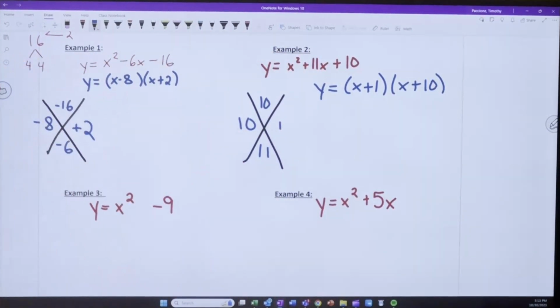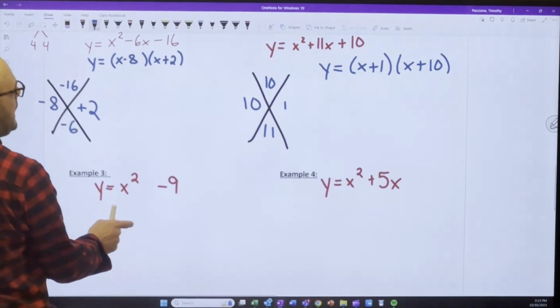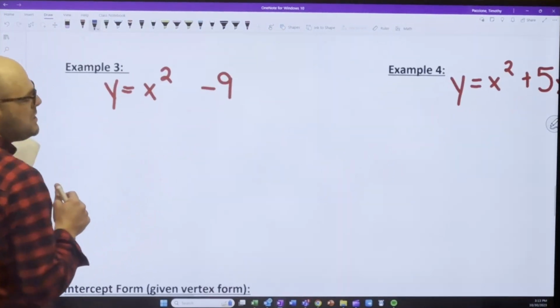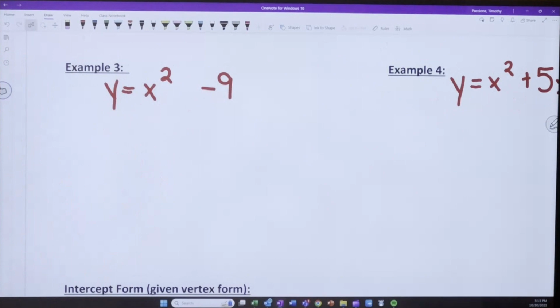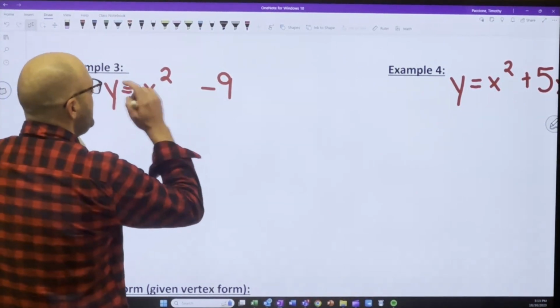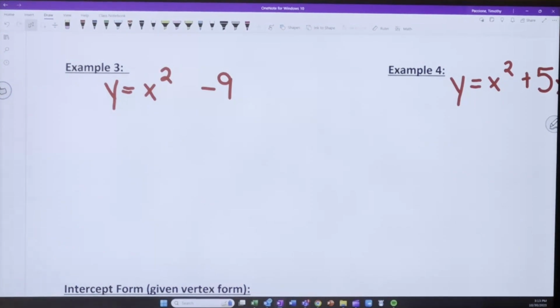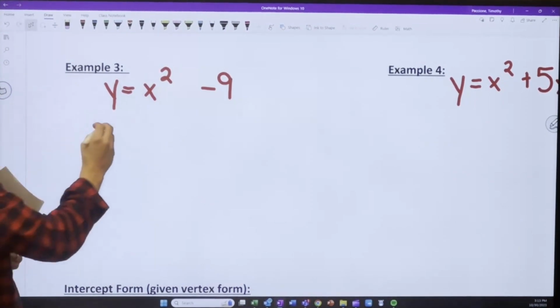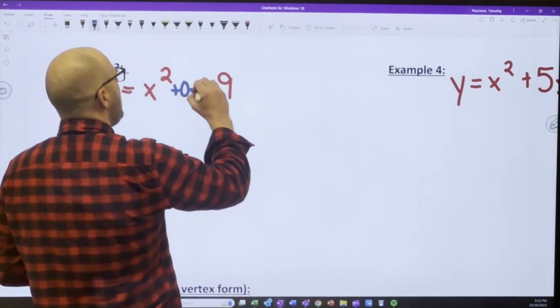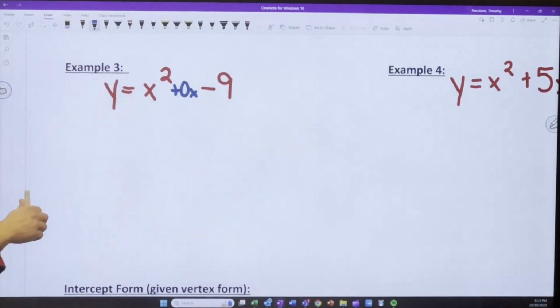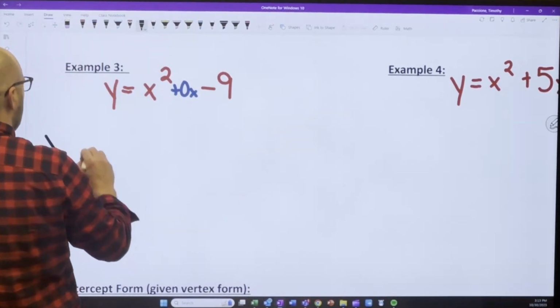Okay? Now, these are a little trickier, and there's a reason that I left the space here. I wasn't just writing poorly like I always do. What can go in the middle to make this a little easier on us? Plus 0x, because that gives me a b value, and now I can do the x, right? And I didn't change anything because 0 times x is just 0.